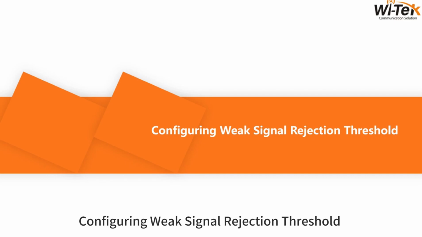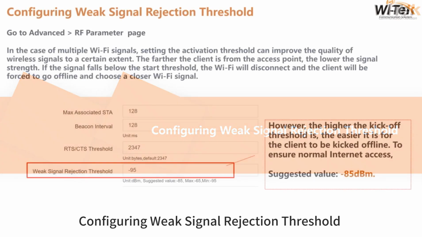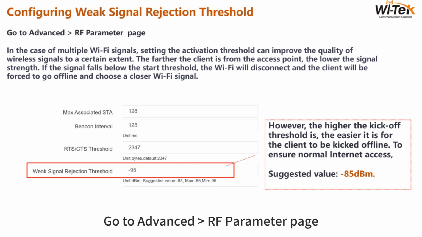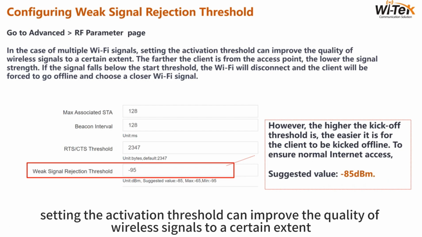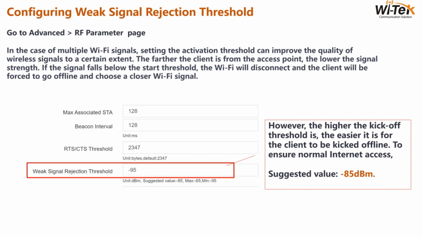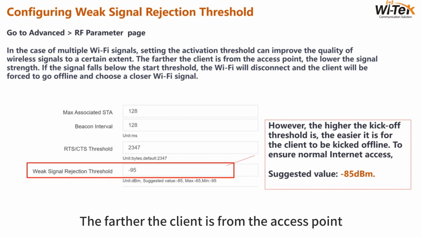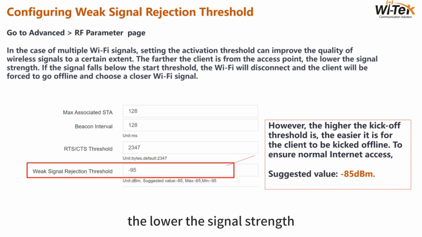Configuring weak signal rejection threshold. Go to the Advanced RP Parameter page. In the case of multiple Wi-Fi signals, setting the activation threshold can improve the quality of wireless signals to a certain extent. The further the client is from the access point, the lower the signal strength.